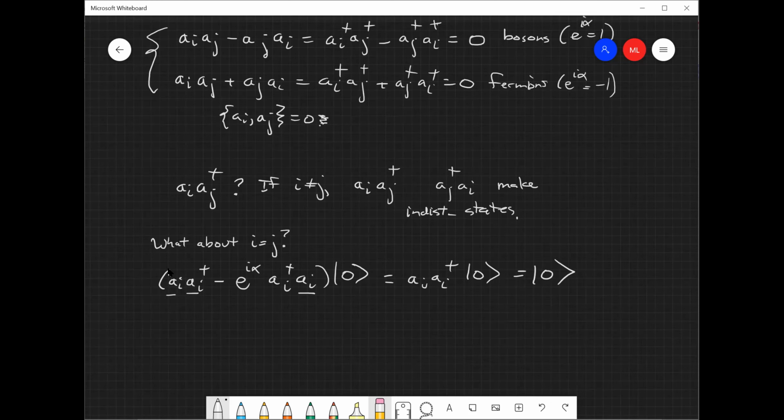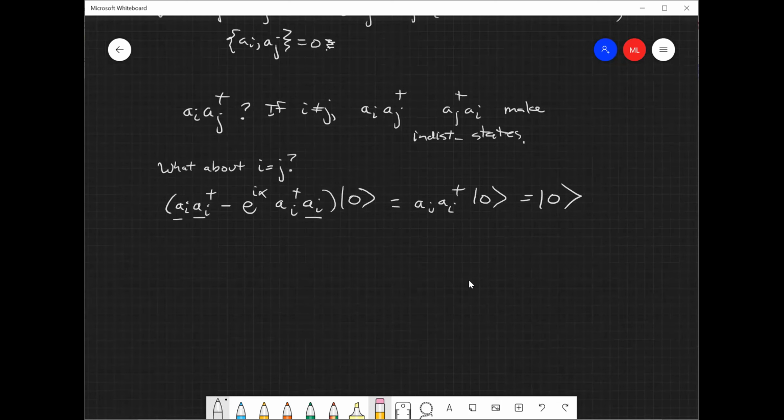So either the commutator or the anti-commutator for the mixed states has to give you the identity. That's the only way to make this consistent. So it's not going to be 0, because when you act on the vacuum, it has to give you back the vacuum again.